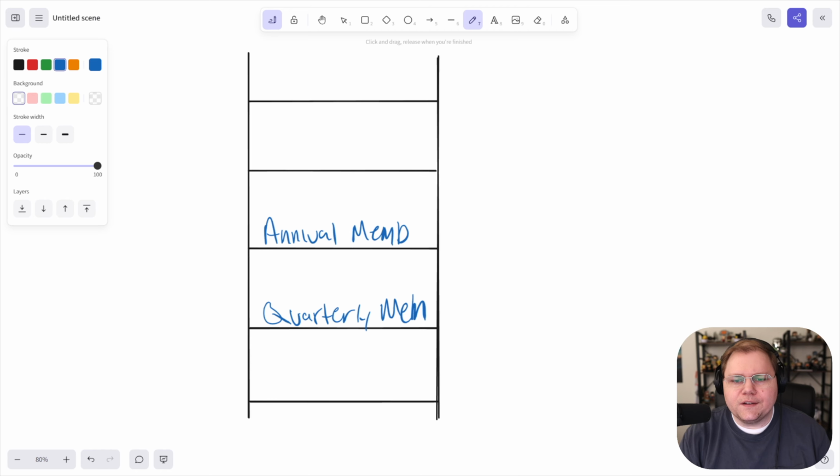Now you might say, well, why is the annual membership higher on the ladder here if it's essentially giving you access to the same thing? And they don't have to. You could have different tiers in your membership, and the different tiers could give access to different things. I've seen some annual memberships unlock exclusive access to the community owner. I've seen various different things. In my community, they're identical. So why is annual membership higher on the ladder?